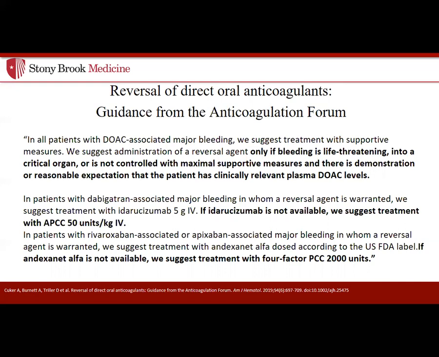Then the Anticoagulation Forum also stated that in terms of dabigatran-associated bleeding, rivaroxaban-associated bleeding and apixaban, the supportive measures are first, but then when a reversal agent is needed, you can give the idarucizumab for dabigatran, or you can give the Andexxa. They do recommend the Andexxa. But if either one of these is not available, they still suggest and encourage the use of the PCCs.